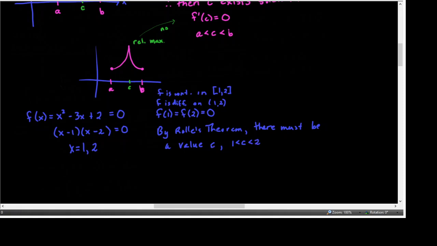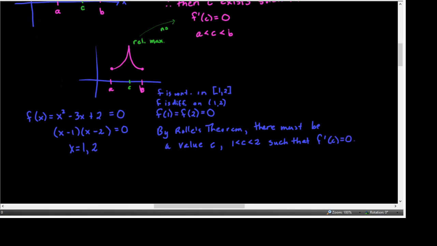There must be that value C, it has to exist, such that f prime of C equals 0. Okay, Rolle's theorem says that has to happen.